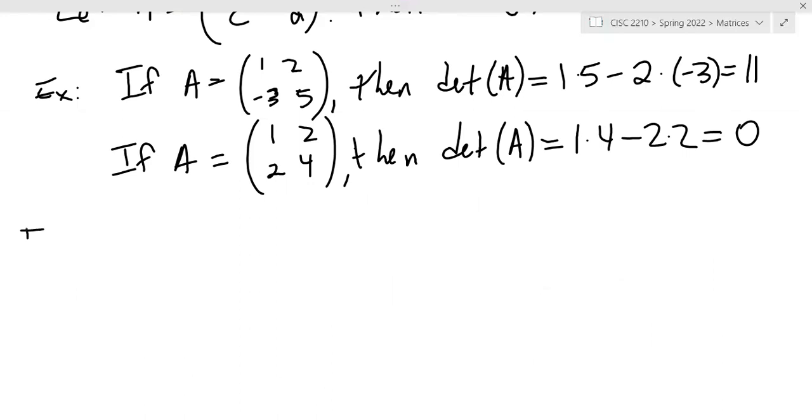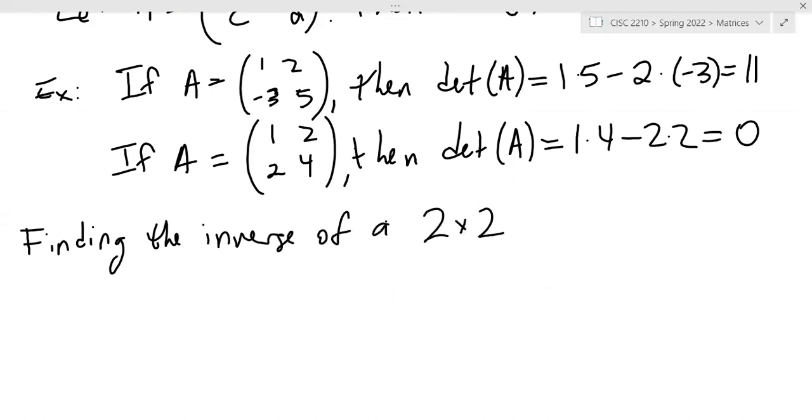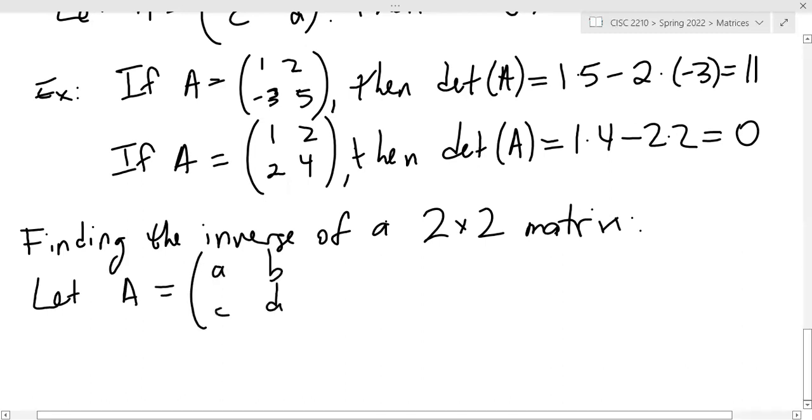So, finding the inverse of a 2 by 2 matrix. Let A be a 2 by 2 matrix, so it has elements a, b, c, and d. They could be any numbers.